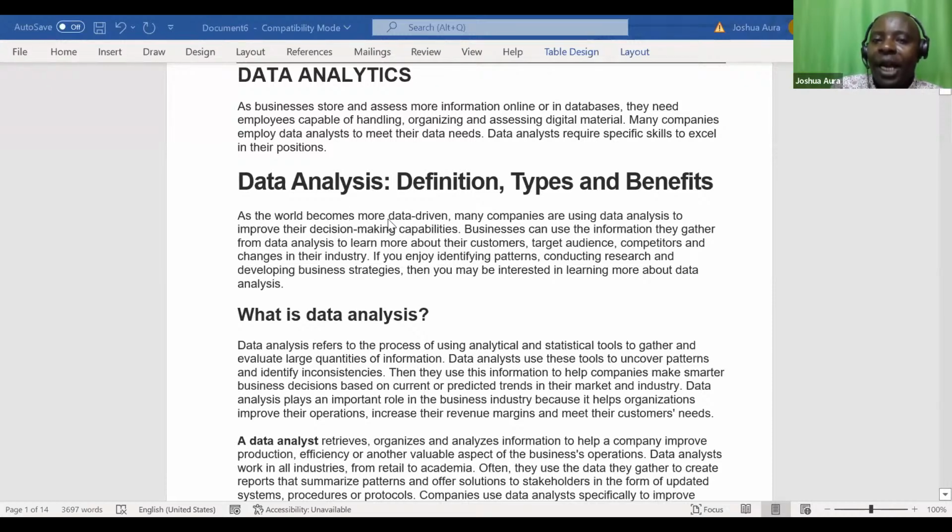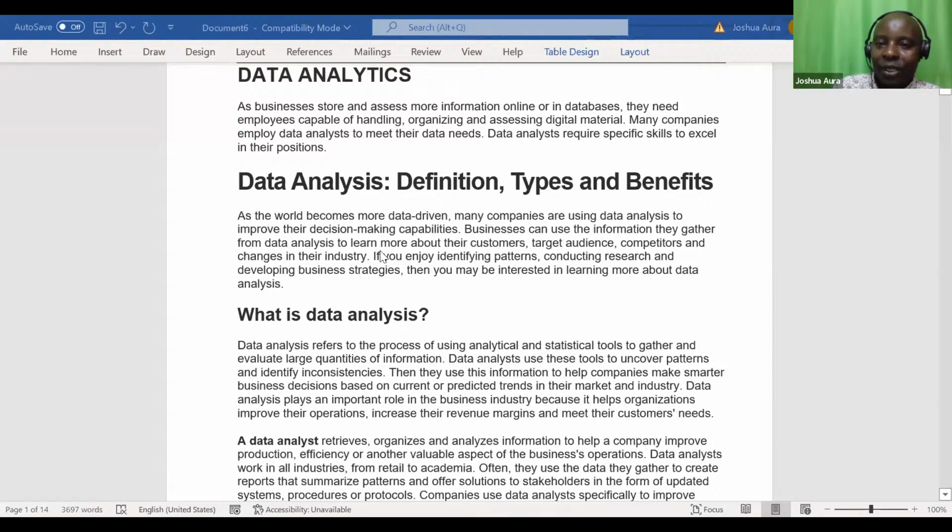As the world becomes more data-driven, many companies are using data analysis to improve their decision-making capabilities.